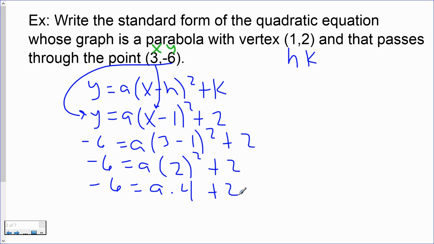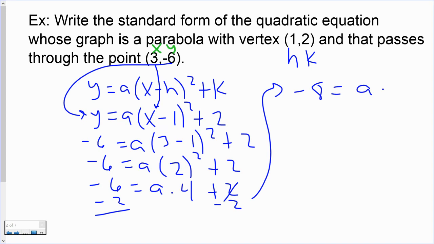And I could go ahead and solve it. The first thing I'm going to do is subtract this 2 from both sides. And that'll give you -8 equals a times 4. And the opposite of multiplying by 4 is to divide by 4. So I divide those by 4, and I get -2 equals a. So I'm almost done here. I'm basically going to take this a value of -2 and put it right there.